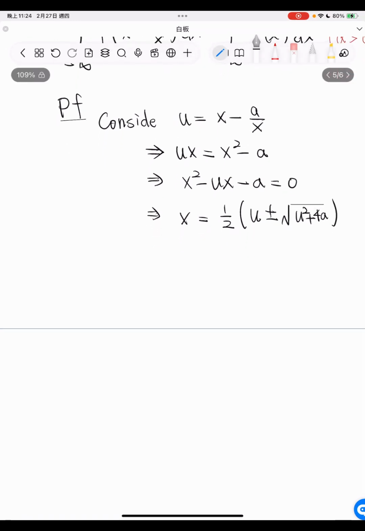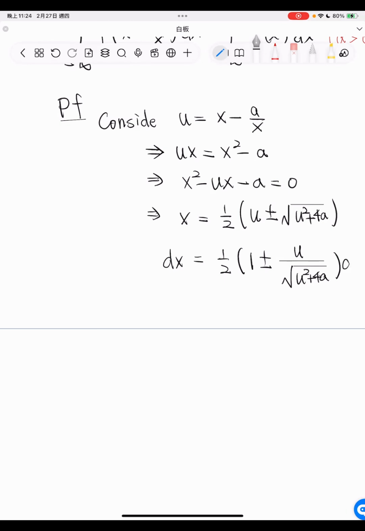And let's calculate dx, which is equal to one half times 1 plus or minus u over the square root of u squared plus 4a, du. Let's just use the chain rule.